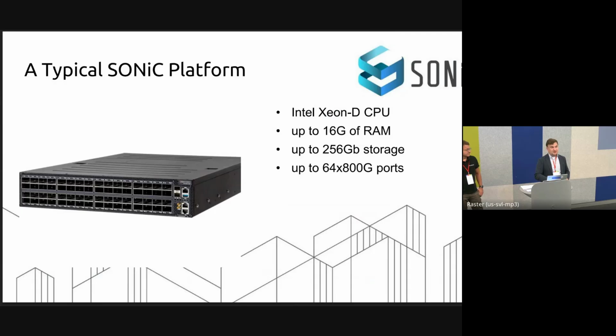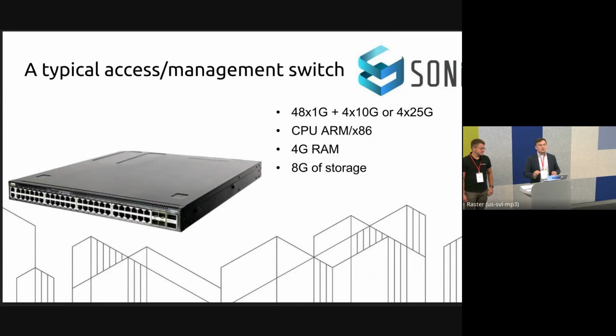This is what we typically see on access, management and campus networks. This is plain old boring 1 gig, maybe multi-gig switches. It's definitely not for AI. No one runs AI networks through these switches, but there are still several orders of magnitude more of these switches than the previous ones I was showing.